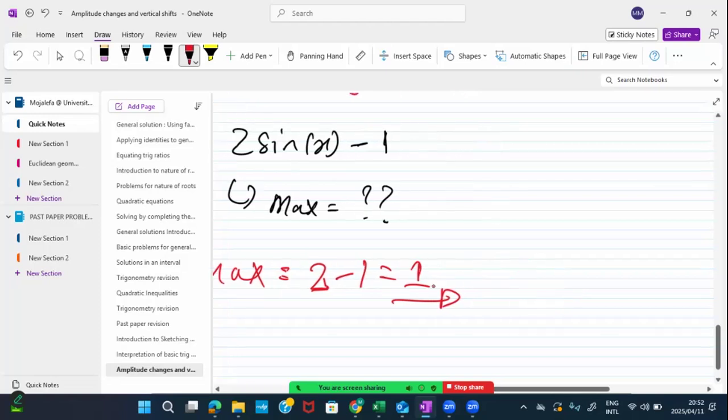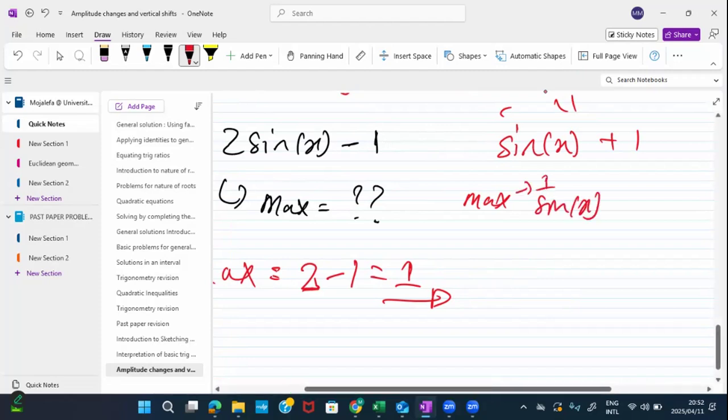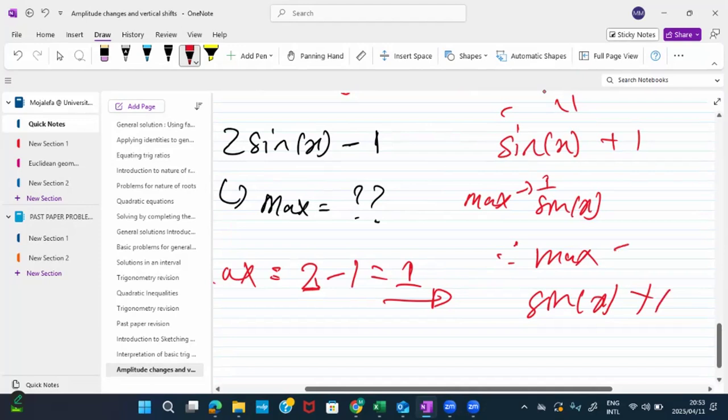Now if I give you the graph of sine x plus 1, the first thing that you should ask is what is the minimum or the maximum of this? The max of sine x is 1, right? So therefore the max of sine x plus 1 is gonna be 1 plus 1, because I'm shifting the whole graph by one unit up.